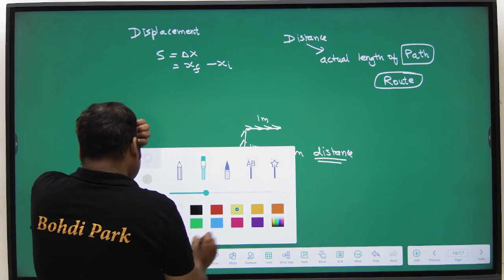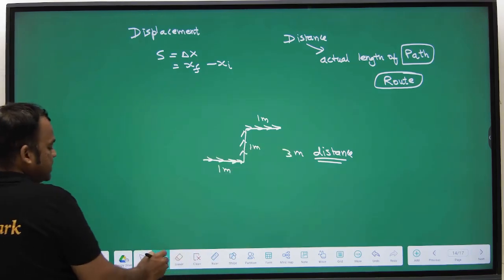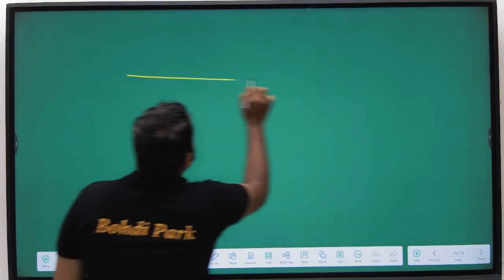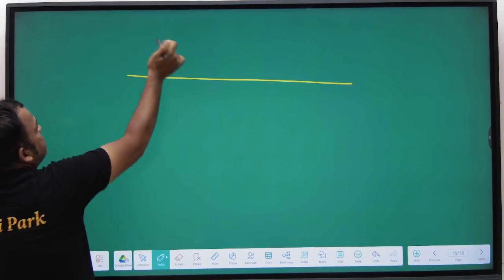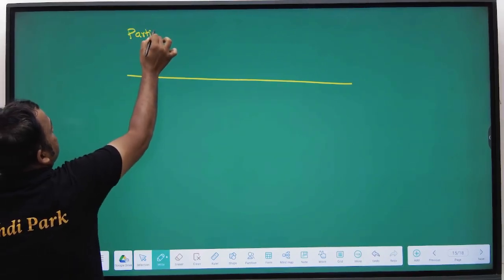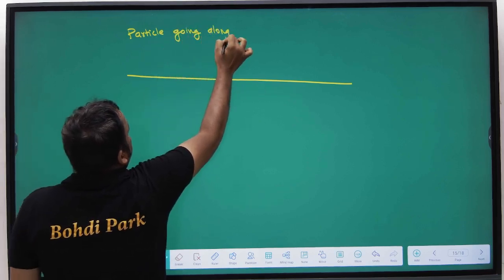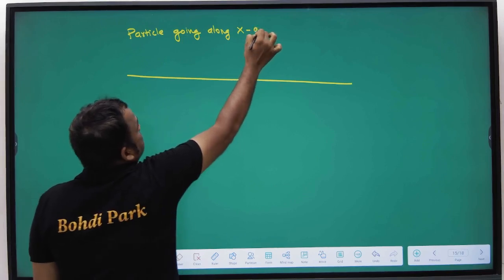So let's use the straight line x-axis. This is the x-axis, a particle going along the x-axis.